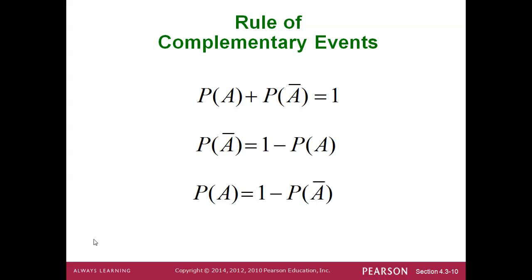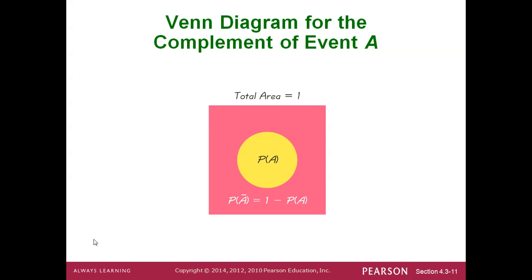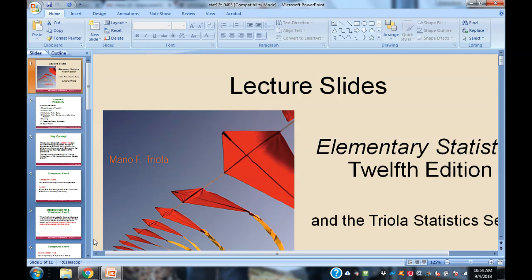This section is a little more complex than the first section, but not overly incredible. Here's the complement of event A. The probability of A is the circle, and the complement is everything that's not in the circle. That's what the diagram is trying to show you. Believe it or not, that's it.